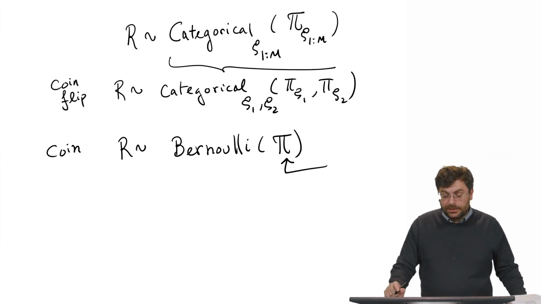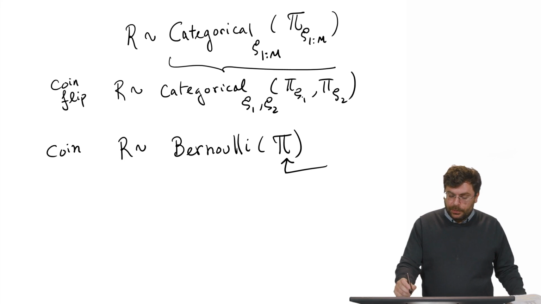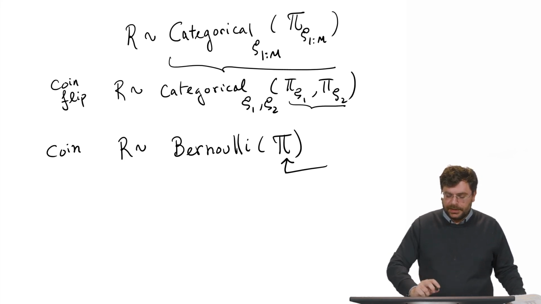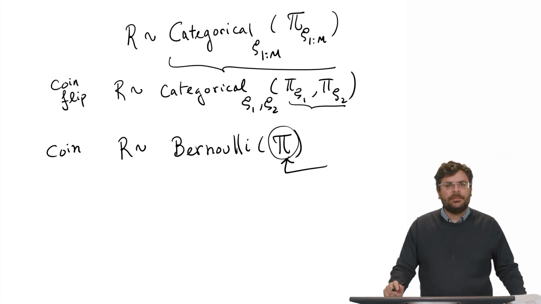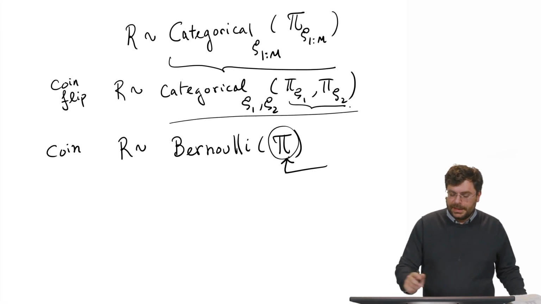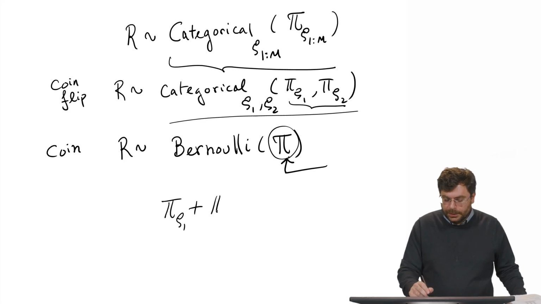Now we can ask ourselves the question: it appears that the coin flip here has 2 parameters, and if I choose to give it a different name, I've reduced the number of parameters to 1. How's that possible? Well, writing it more generally as a categorical, I understand the fact that pi rho 1 plus pi rho 2 must be equal to 1.